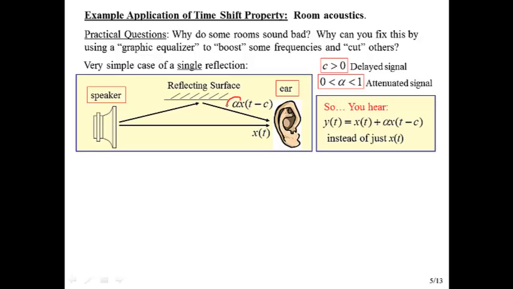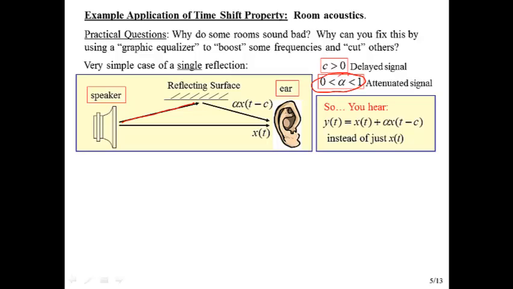It will also arrive with a different amplitude, alpha, and we will assume alpha is greater than 0 but less than 1. So not all of the energy that comes up is reflected off the surface.